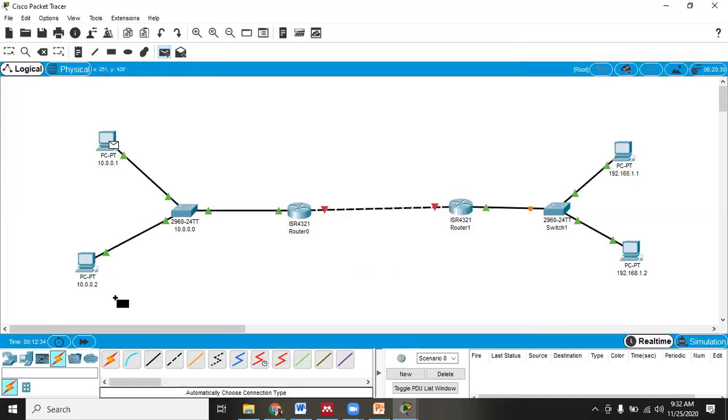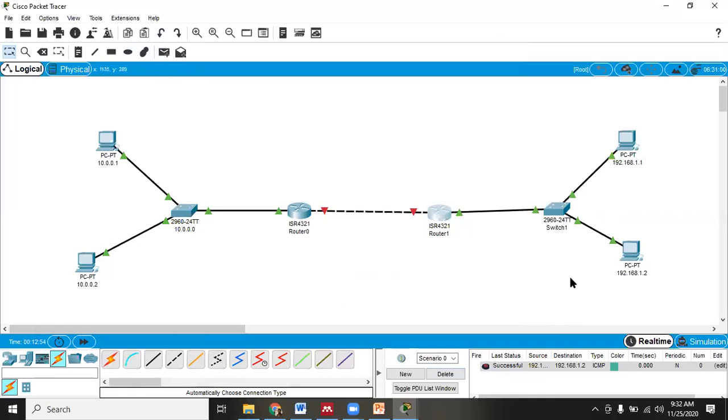So we will check whether this switch is working or not. You will find that there is a successful transmission between these two devices. It means this network is working successfully. If we work step by step, then there will be no error in communication in this practical. Right?